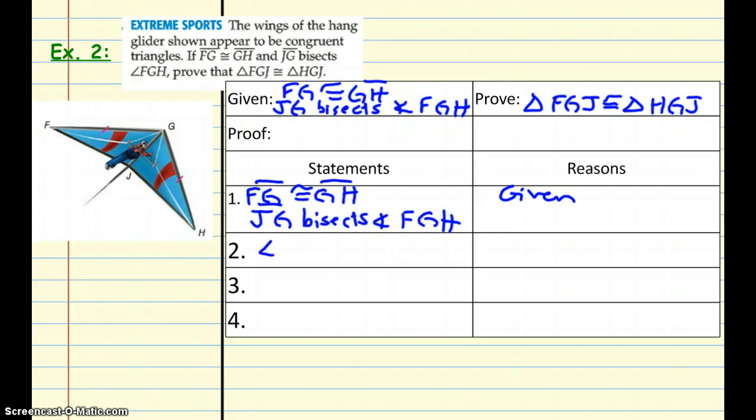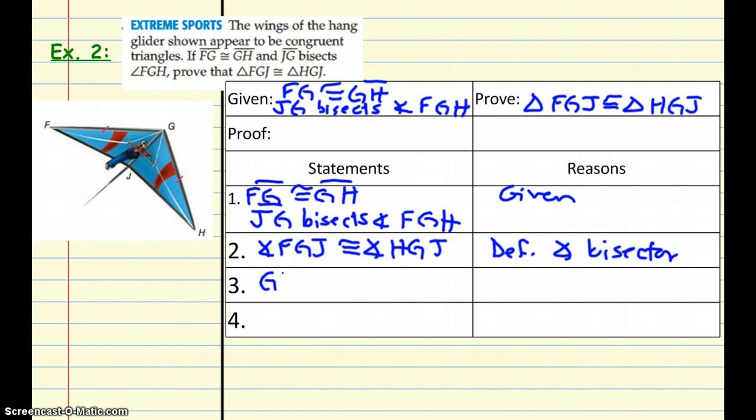Then in step 2, we can say angle FGJ is congruent to angle HGJ. And why do we know that? Because of the definition of an angle bisector. And we have GJ is congruent to GJ. Very similar to the first proof that we did. It's the reflexive property.